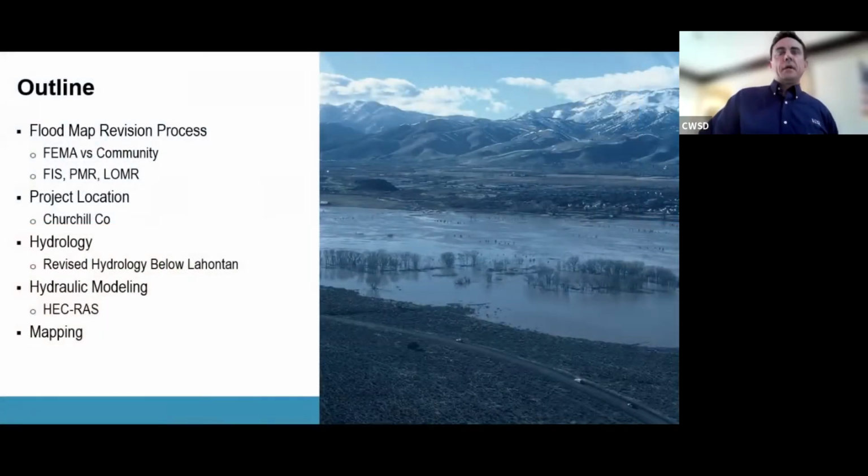So the outline for this presentation is I'm going to talk a little bit about the flood map revision process, talk a little bit about the different kinds of map revisions that you can have and how that impacts the project. We always get a lot of questions on timing and approach, and the type of study you're doing can impact all those factors.